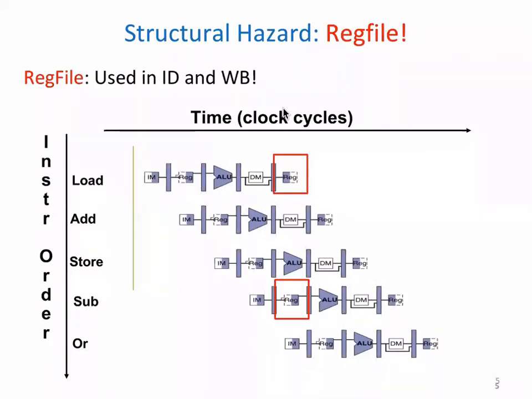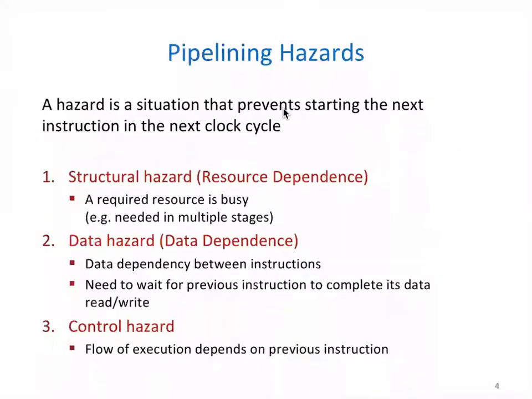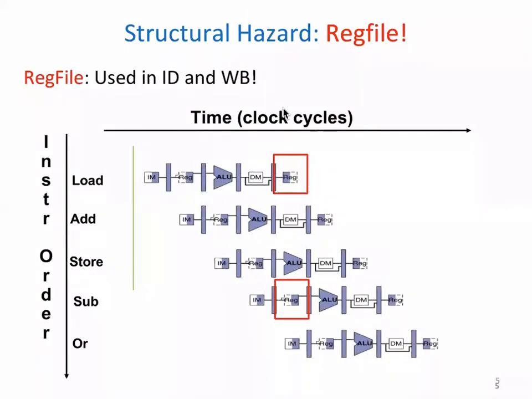Let's also revise something that we have studied earlier. A structural hazard we can see in this case is over the use of a register. In the load instruction as well as in the subtract instruction, a register is being used. Now we can still manage this kind of hazard if writing of the register happens earlier than the reading.